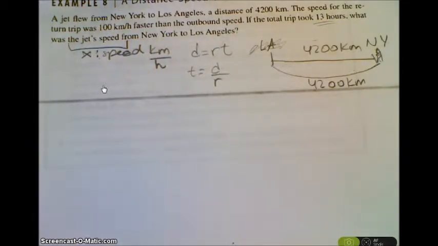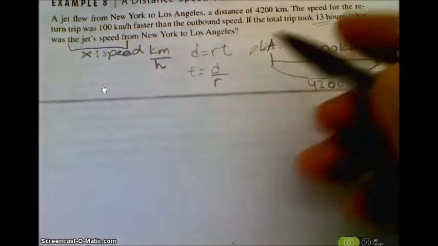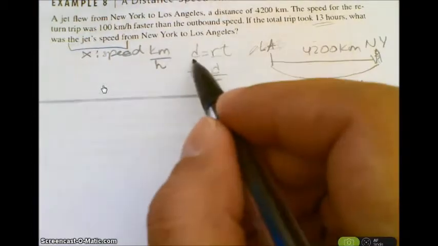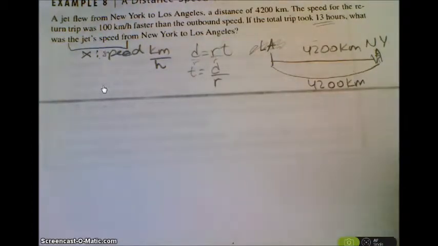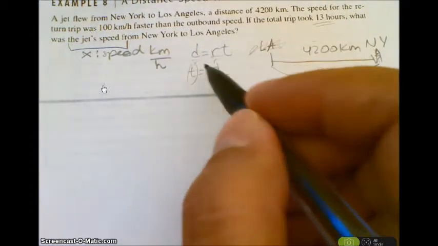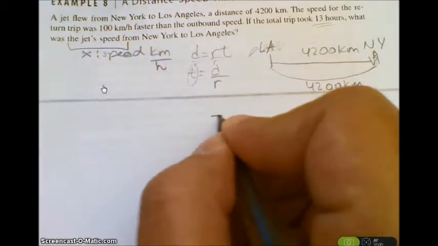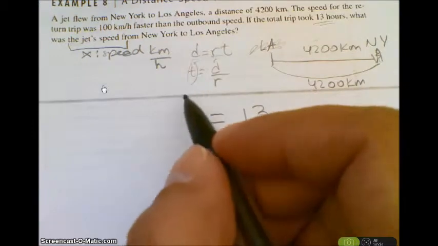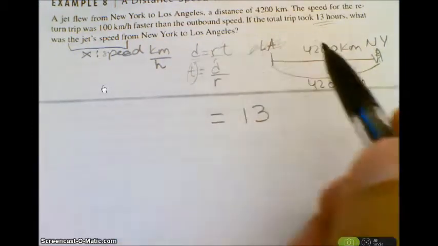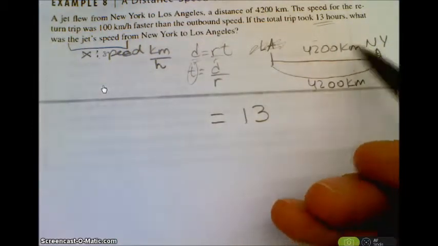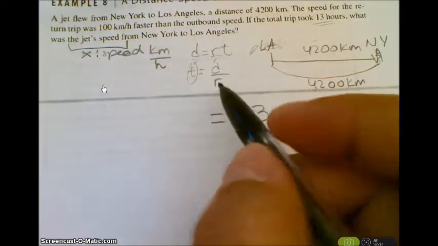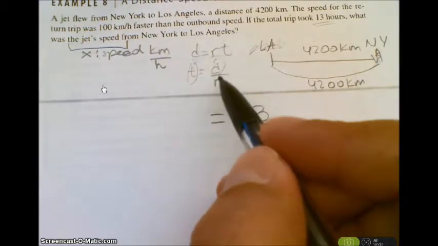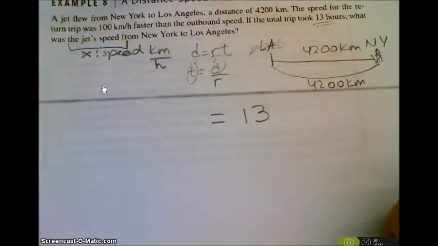How did I get that? I'm just dividing both sides of the equation by r. So the total time is 13 hours. If I want to get the time for each way, going there and returning, I'll just have to do the distance divided by the speed or the rate.